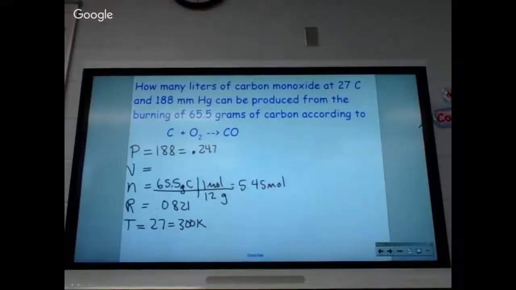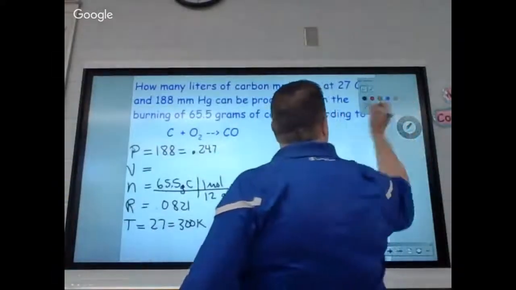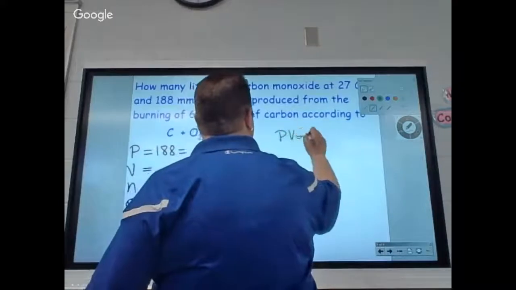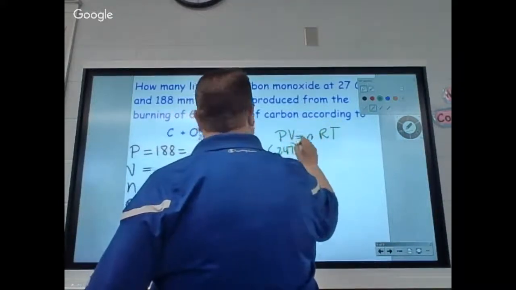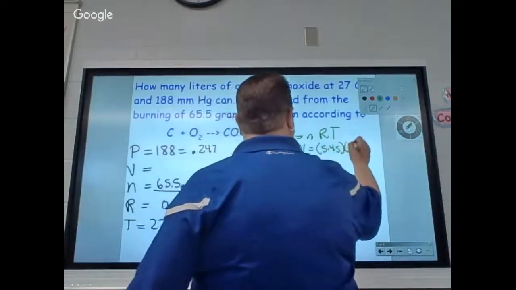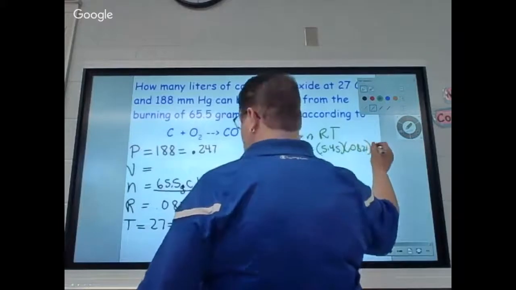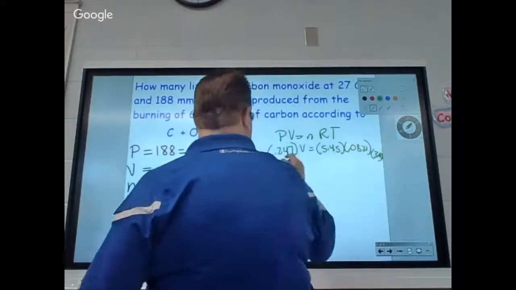Okay. Now, from there, PV equals nRT. Pressure is 0.247. Volume we don't know. n is 5.45, R is 0.0821, and temperature is 300. Did we balance the equation? Because I didn't.